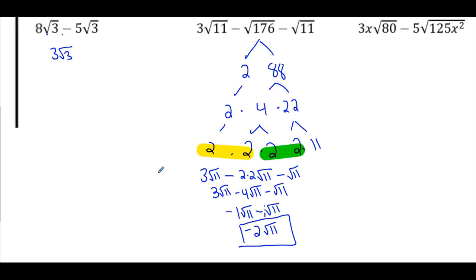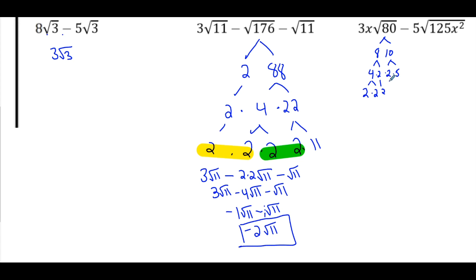All right, this one up here, we've got to do some simplification again. I'm going to split 80. I can do this one without a calculator. I'm going to do 8 and 10. And then 8 is 4 and 2, and 10 is 2 and 5, and 4 is 2 and 2.